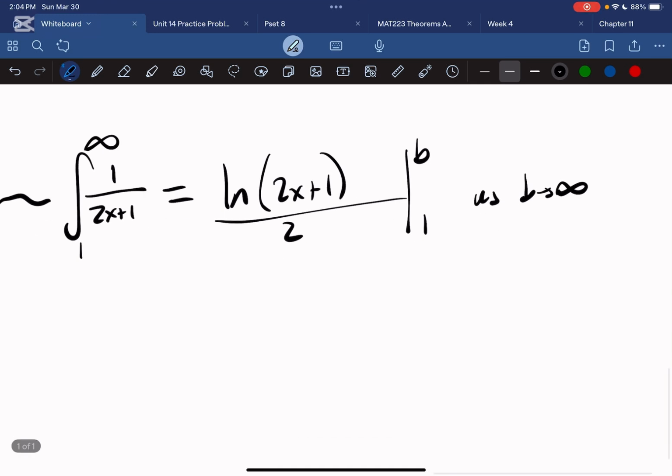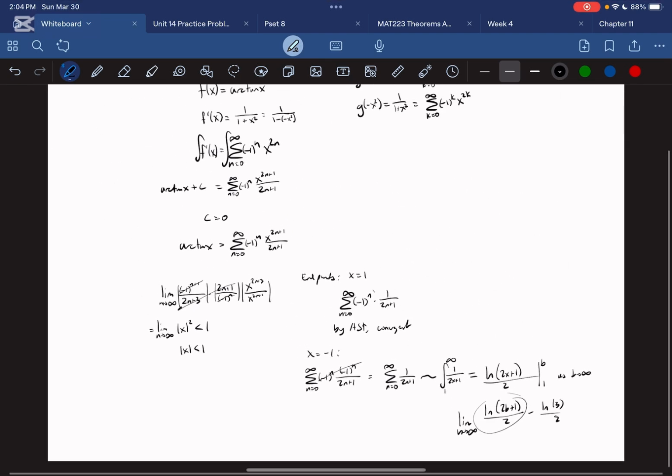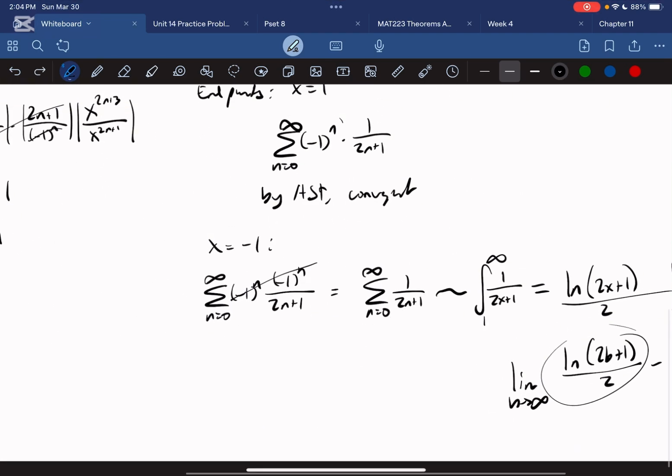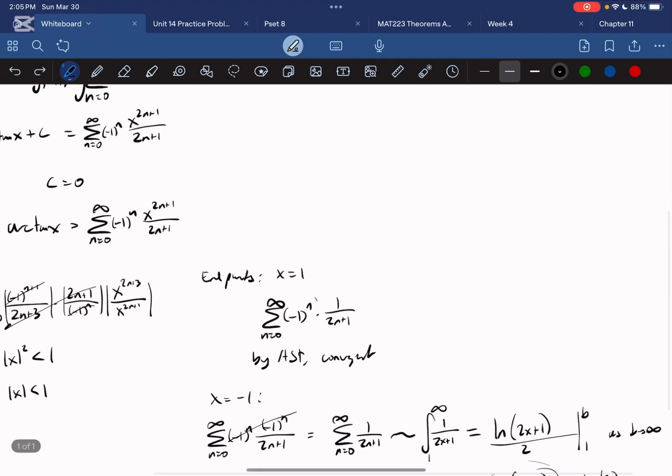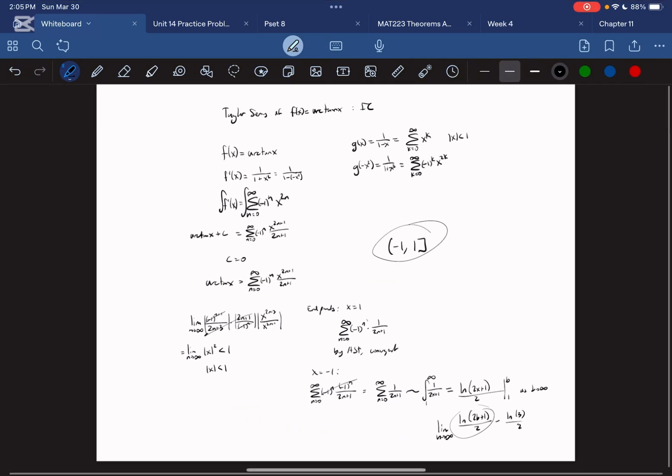As b goes to infinity, we end up with ln of 2b plus 1 over 2 minus ln 3 over 2. This goes to infinity, and so it's divergent by the integral test. So then our interval of convergence is this. Boom. So that's how we do it.